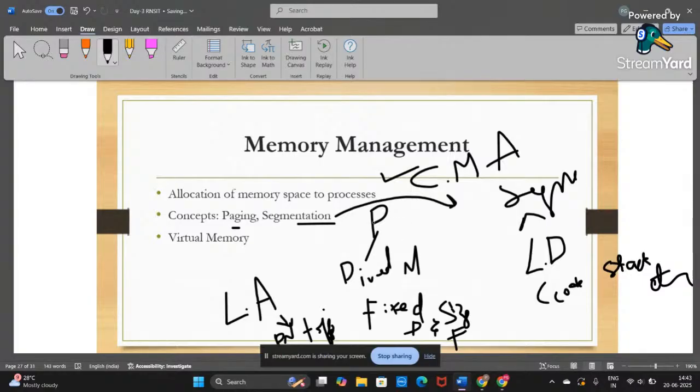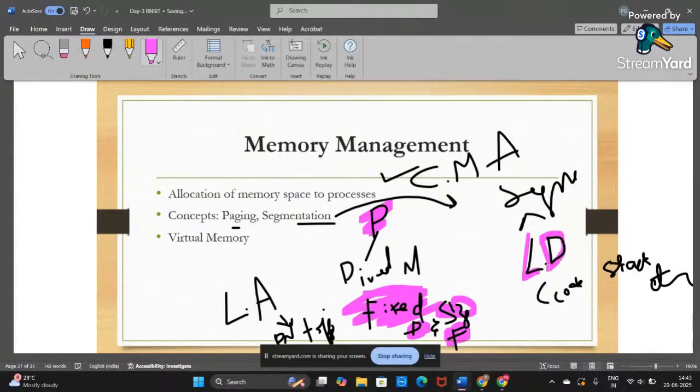I'll repeat it again. Paging means it divides the memory into a fixed size, called pages and frames. Segmentation means it divides the memory based on the logical division.